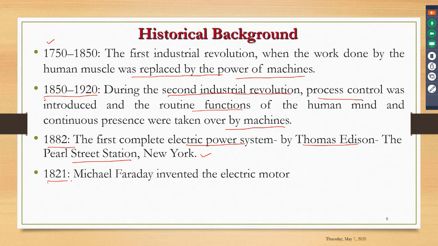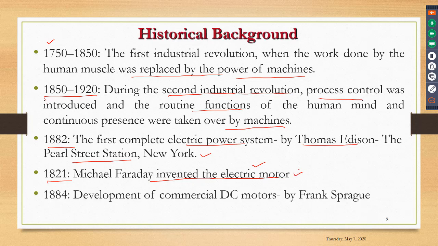And then in 1821, Michael Faraday invented the electric motor. We all know Faraday's law, and because of that the electric motor evolved, which also played a very important role in the industrial revolution. In 1884, the development of the commercial DC motor took place, by Frank Sprague.